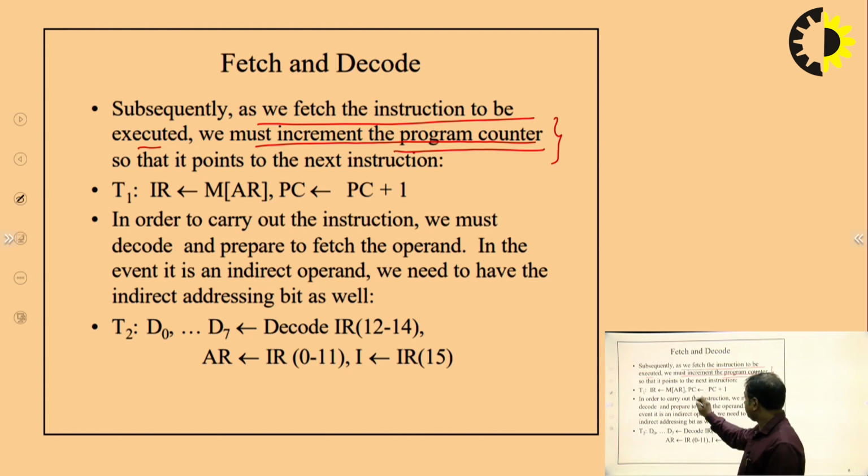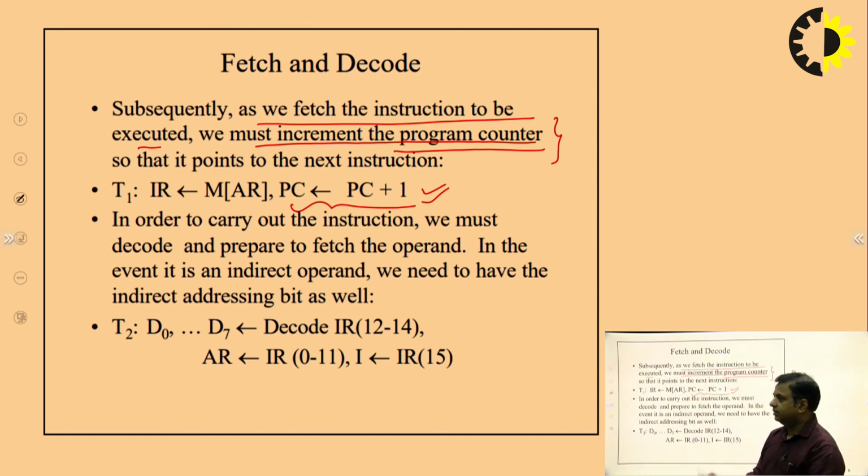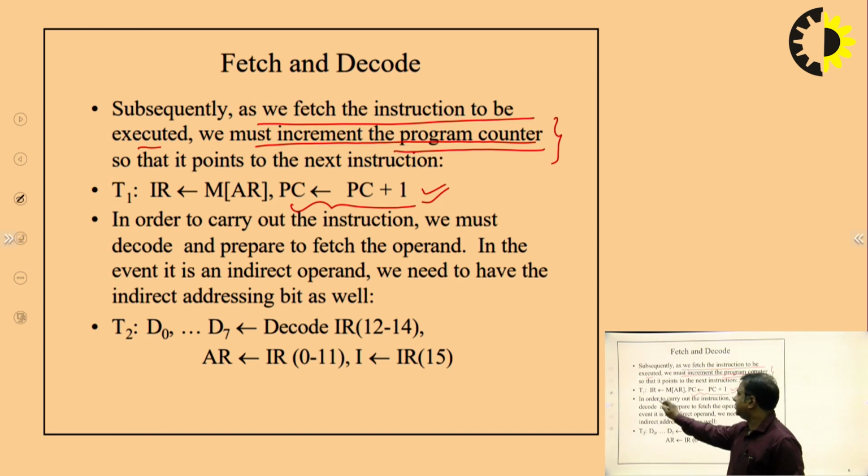The first one, the program counter is incremented. In the next cycle, the program counter is incremented because the program counter has transferred its current data to the address register. Now it is blank, or it should be updated for the next instruction. Second, at the same time, what happens?